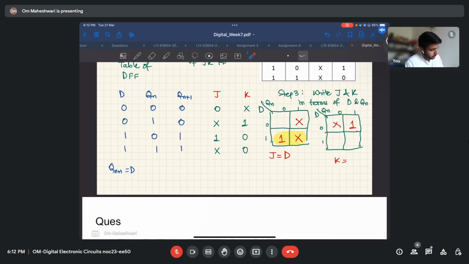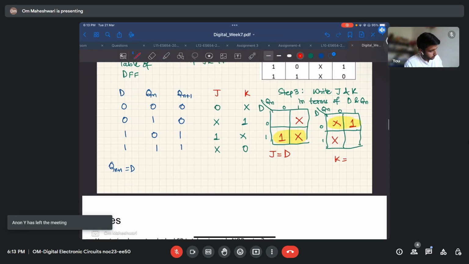We have cross here. When D is 1 and Qn is 0, we have cross. So again, we can make a pair here. So K is D bar.